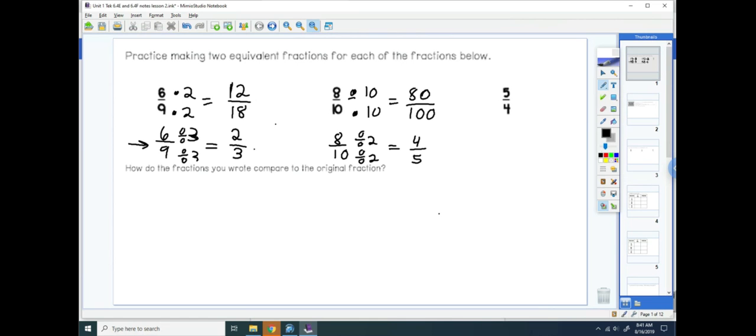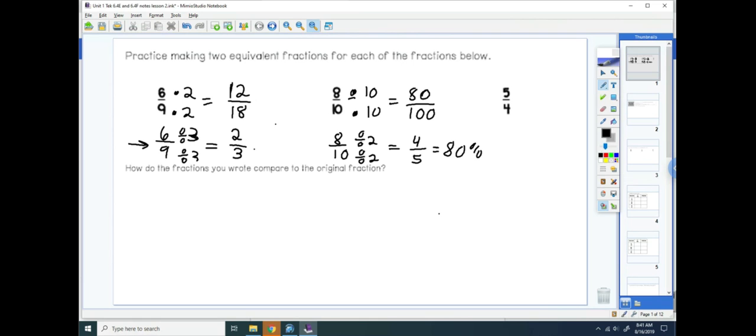So I just figured out 8 over 10 can be reduced to 4/5, and 80 out of 100 is also an equivalent fraction. So 4/5 is equivalent to 80 out of 100. Well, we just said 80 out of 100 is 80%, meaning that 4/5 also has to be equal to 80%. I just thought it was fun.